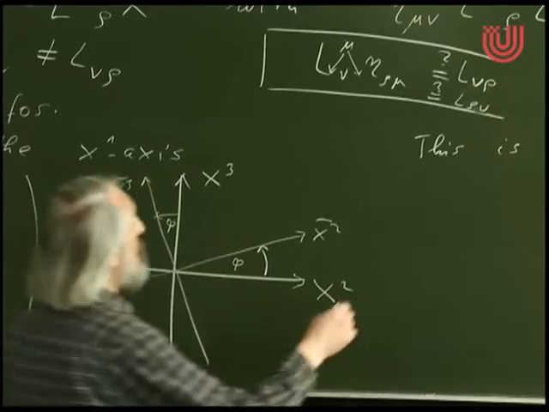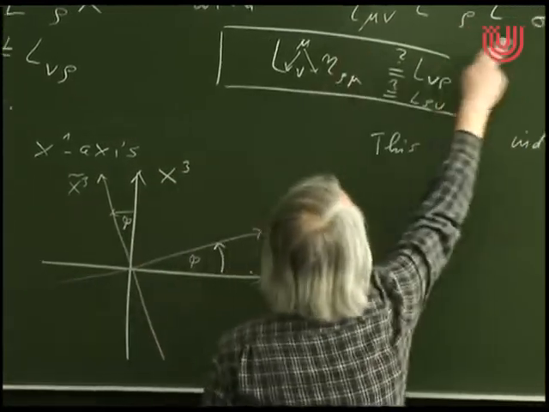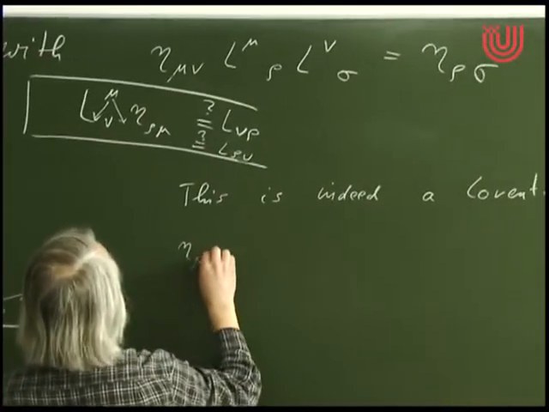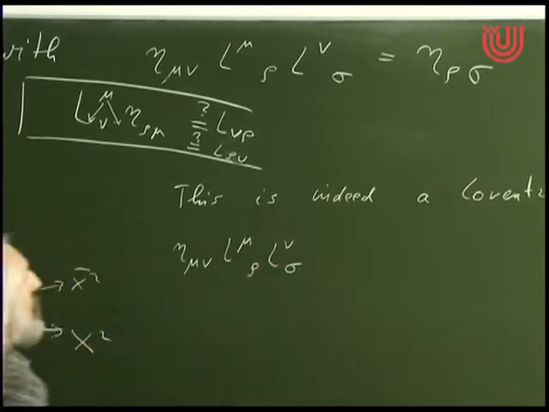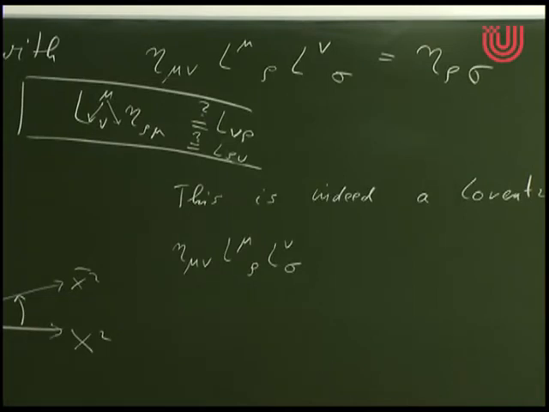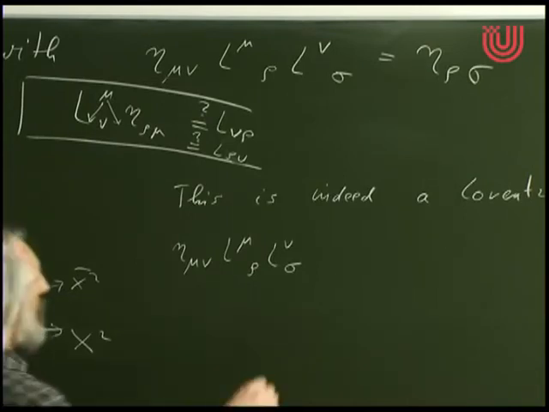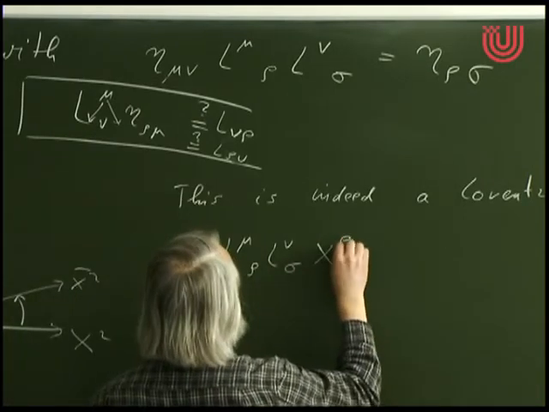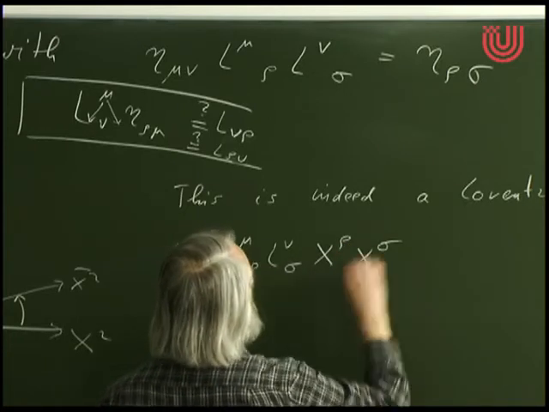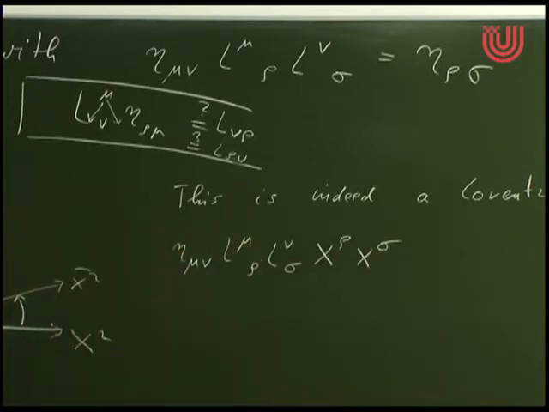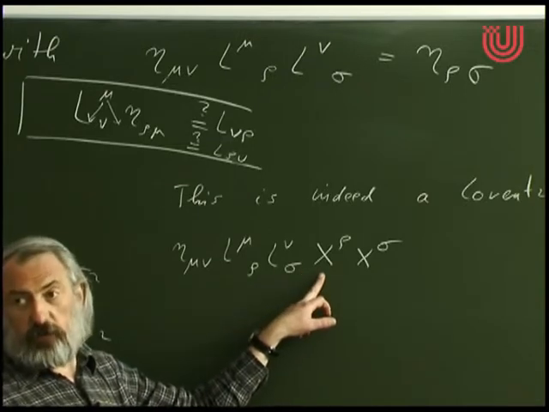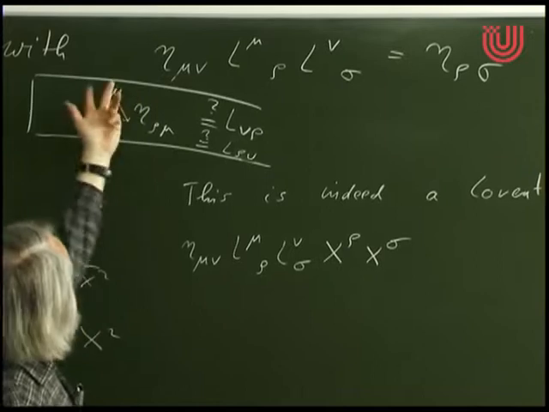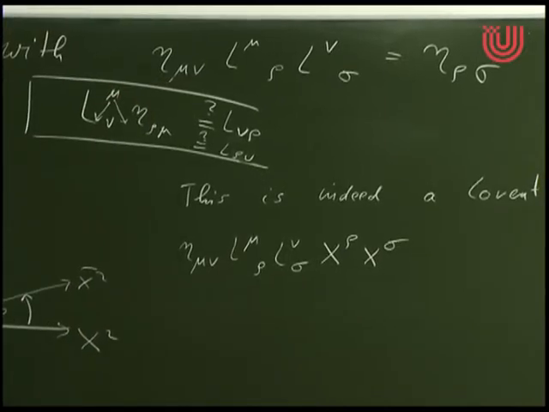So I begin with the left-hand side: eta mu nu, L mu rho, L nu sigma. And in order to evaluate this in a convenient way, I apply it to an arbitrary argument x rho, x sigma. And the goal is to show that this is eta rho sigma times x rho, x sigma for all x's. If I'm able to show this, then I have verified that it is a Lorentz transformation.